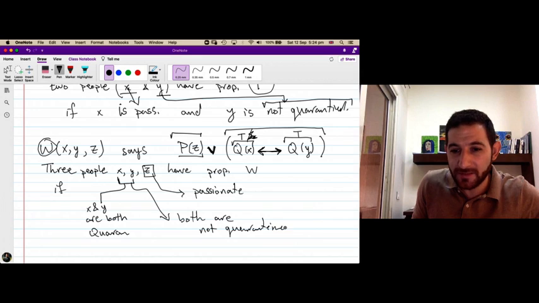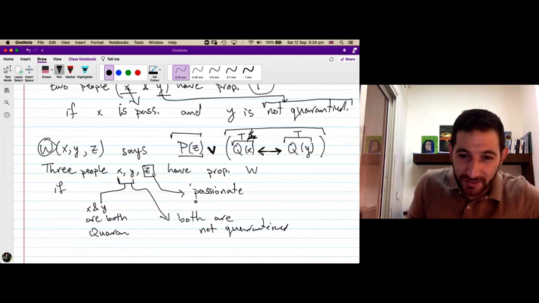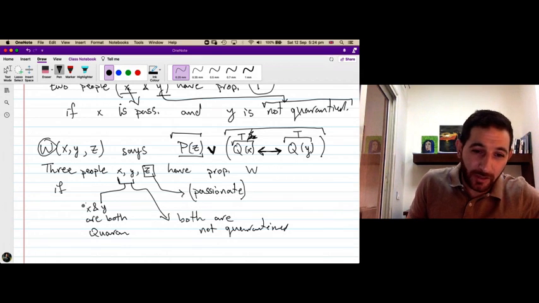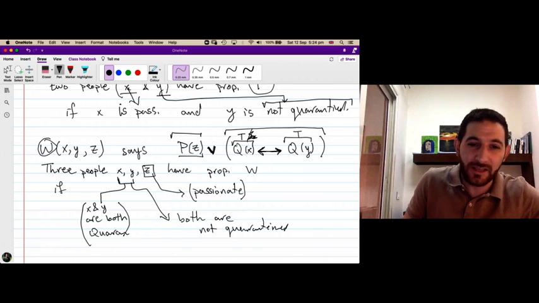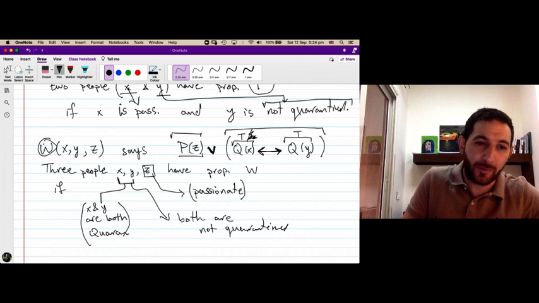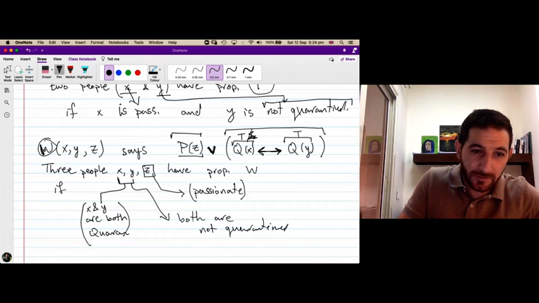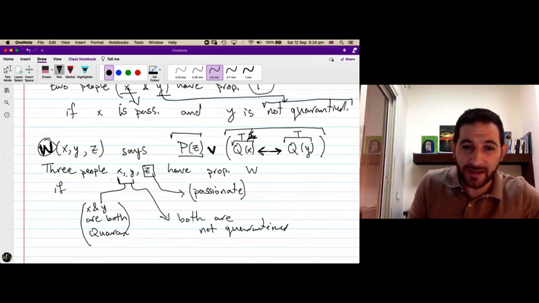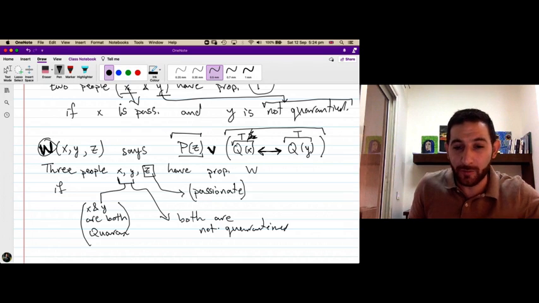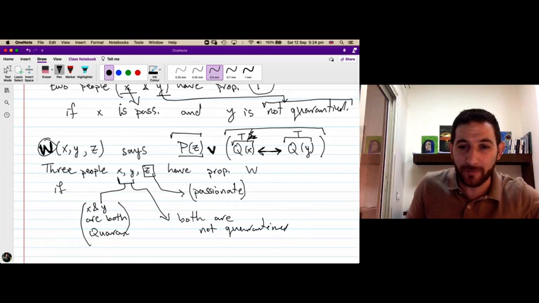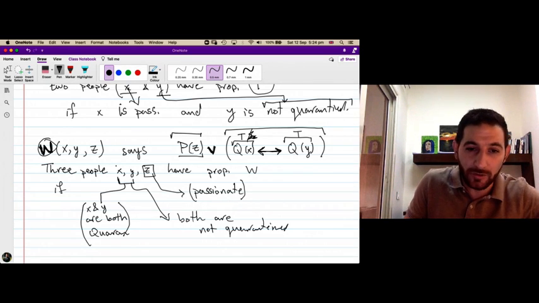When this happens, so if z is passionate and x and y are both quarantined, then you say x, y, z have property W. Also, if z is passionate and x and y are both not quarantined, they don't have property Q, then you also say that the triple have property W.